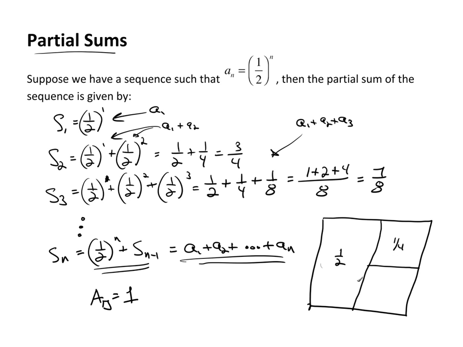Then S3 was everything prior plus 1/2 of this last piece, which is 1/8. So S3 is 1/2 plus 1/4 plus 1/8. S4 would be 1/2 plus 1/4 plus 1/8 plus half of what's left, which is 1/16. S5 would be and so on.